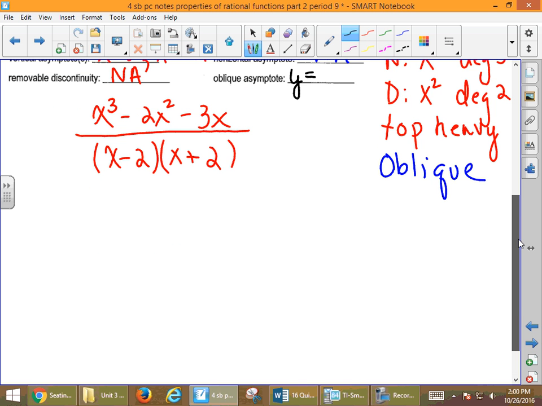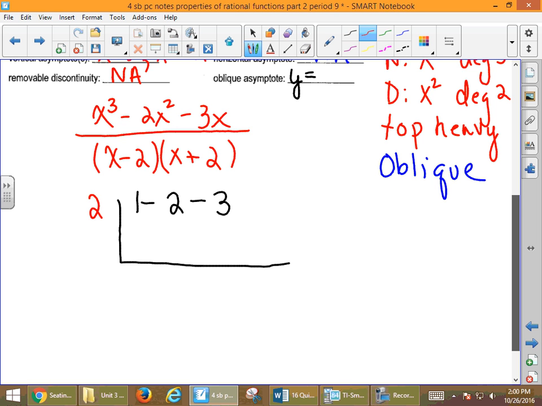So when we do our synthetic division, the first thing that we're going to do is write our upside down division bar. The number in front of the x cubed is a 1. The number in front of the x squared is 2, and it's actually subtracting 2. And then we have minus 3, the number in front of the x. Over here, if we divide by x minus 2, we need to change the sign.